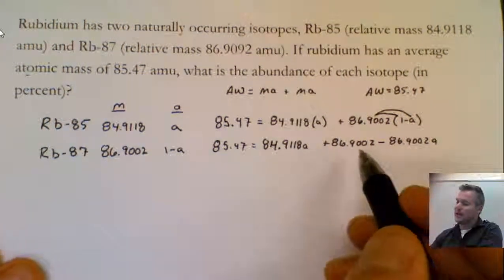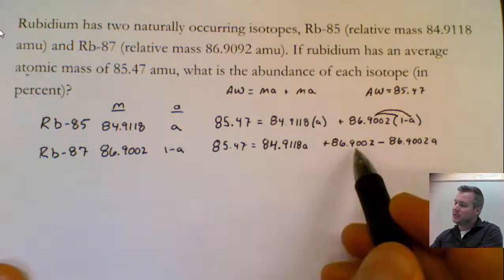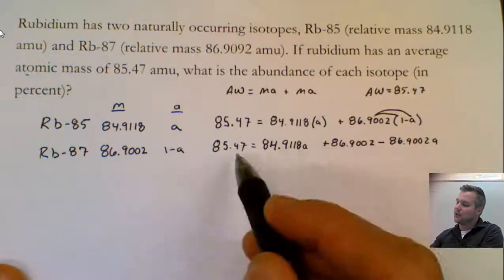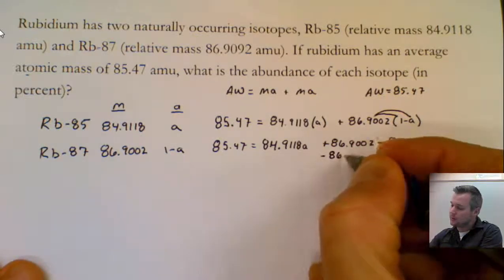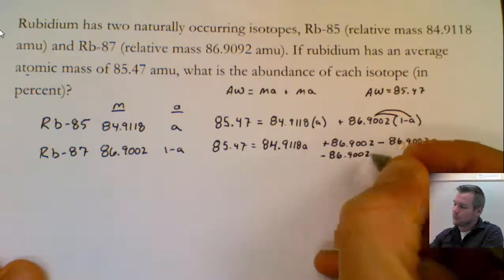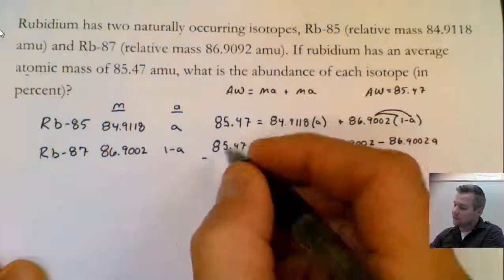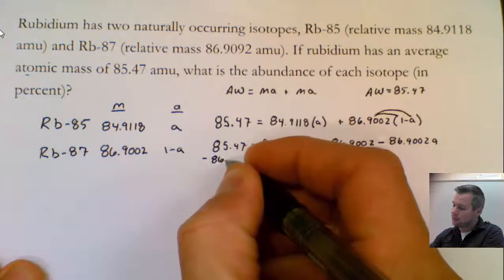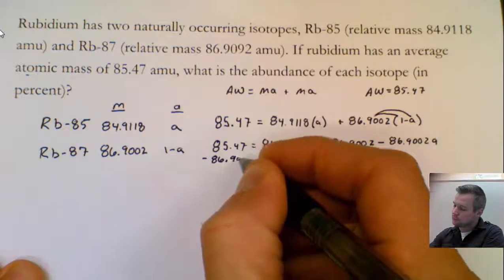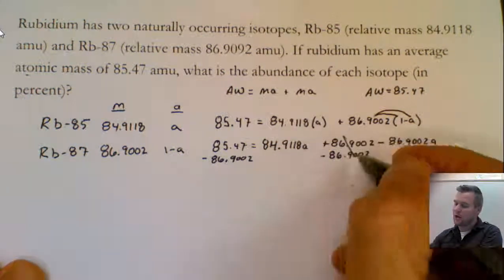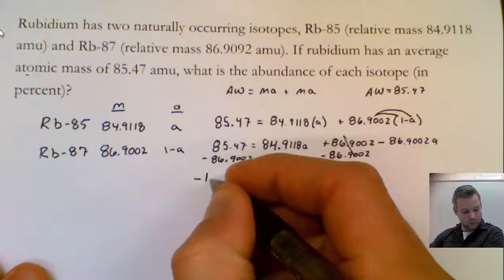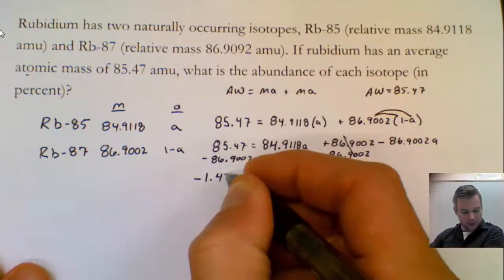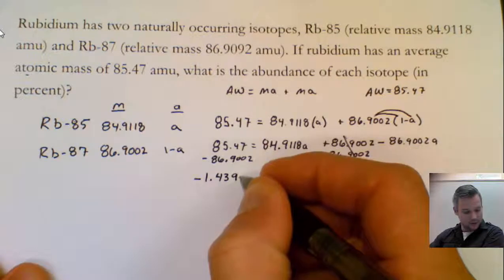So I need to start by moving this term that's not connected to A to the other side because that's my side without A. Since this is plus, I need to do minus. And if I do it on one side, I have to do it on the other. So these cross off, and I'm left with a negative value, negative 1.4392.